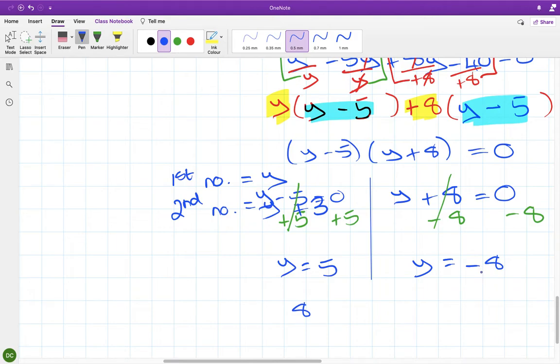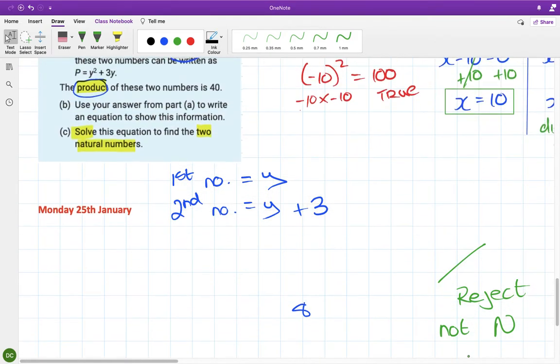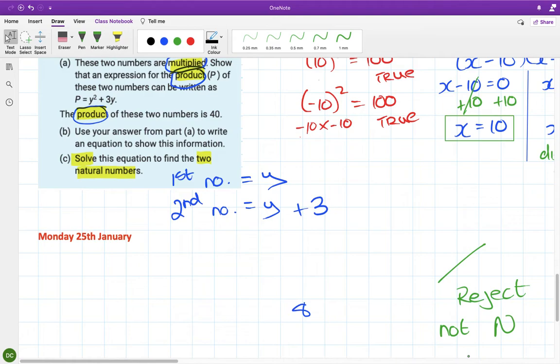It says they have to be natural numbers, which means the minus 8 will be rejected, because it's not natural. And we'll go with the 5. So that means that y has to be 5, and that means this is 5 plus 3, which means that's 8. So the two natural numbers are 5 and 8.